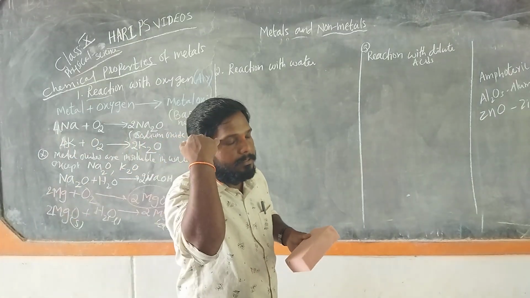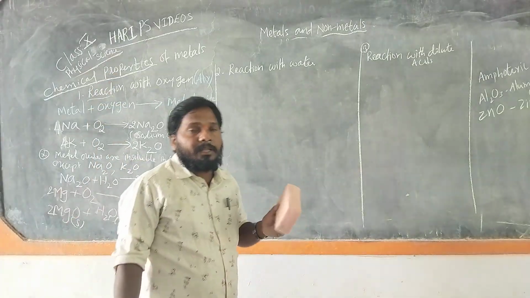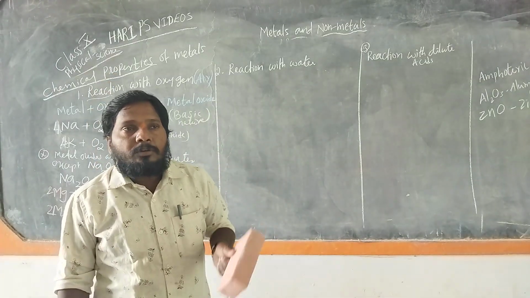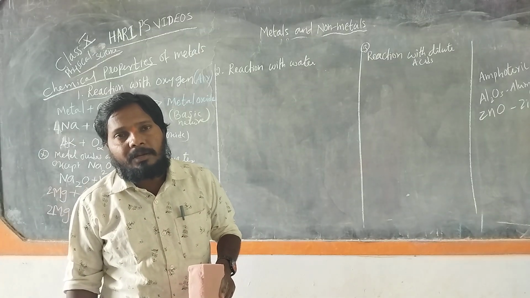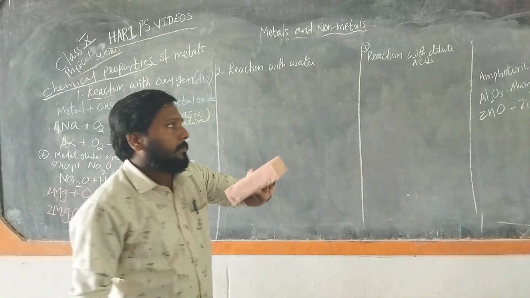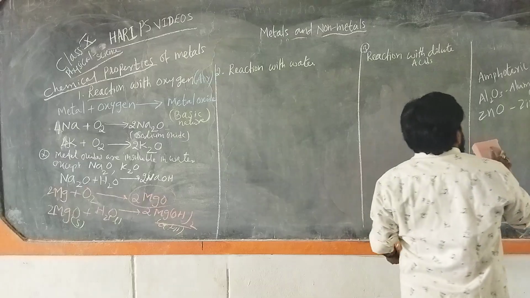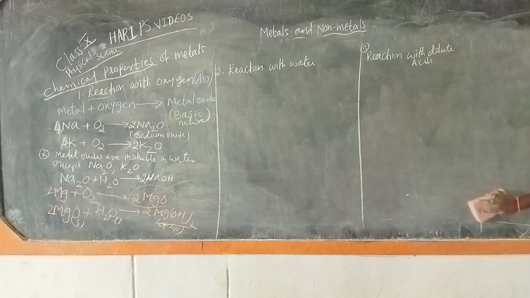We already discussed in the chapter Acids and Bases what amphoteric oxides are. Those oxides have both natures, acidic as well as basic. Generally metal oxides are basic in nature, but amphoteric oxides behave as acids and as bases.